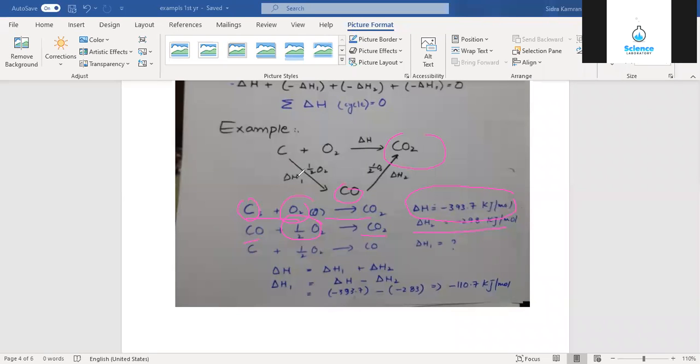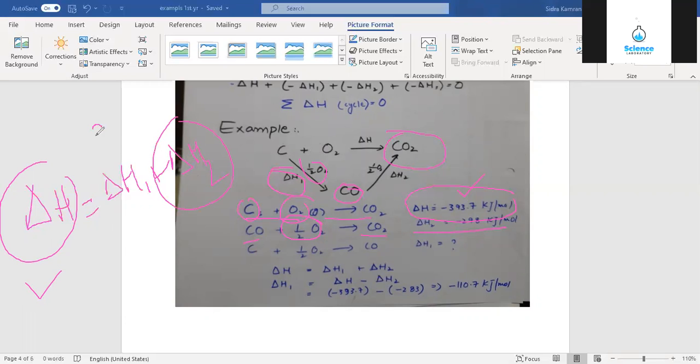Suppose you have no idea about the enthalpy change when carbon reacts with half a mole of oxygen to make carbon monoxide, how can you calculate this? As I told you, delta H is equal to delta H1 plus delta H2. If in exams you are given two enthalpies and asked for the third one, you can easily rearrange the equation and calculate it. You know delta H, for carbon and 1 mole of oxygen reacting to make carbon dioxide, and you also know delta H2.